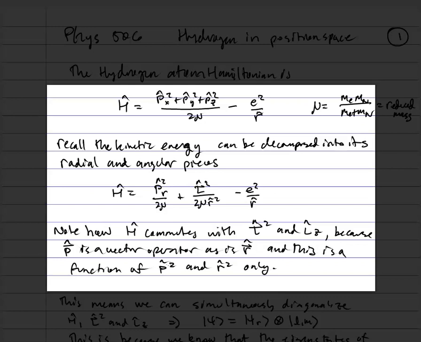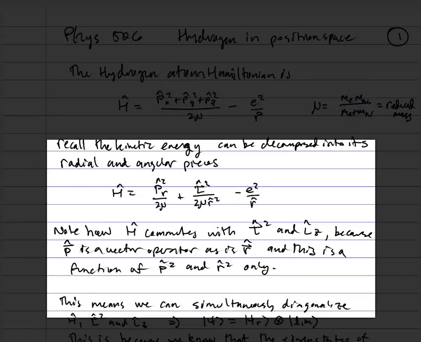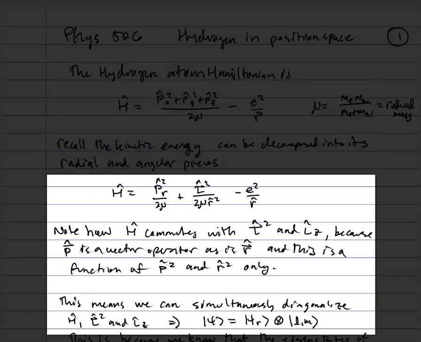And because of that, each component of angular momentum will commute with the Hamiltonian, but with angular momentum, we can only choose two mutually commuting operators, and we choose L squared and L_z as the two operators that mutually commute. So what this means is we can simultaneously diagonalize the Hamiltonian, the square of the angular momentum, and the Z component of the angular momentum.